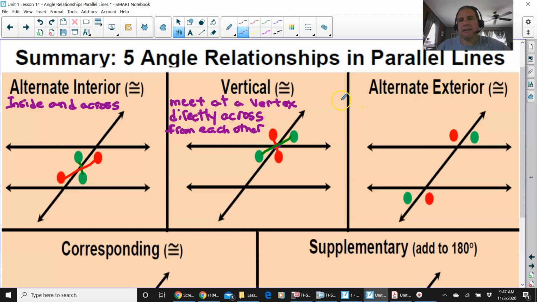All right, alternate exterior, you know these are outside, and across.